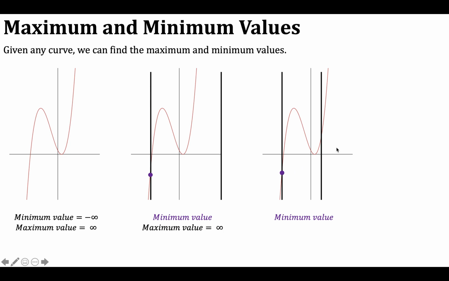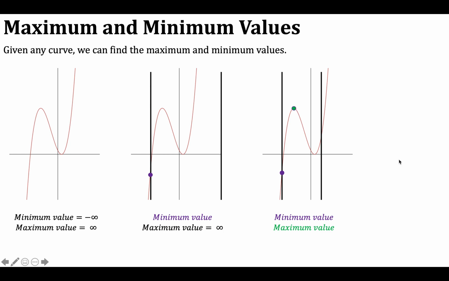Now, the maximum value previously was positive infinity because the graph went away off up here and it continued increasing up to positive infinity. But this time actually, if we look across here, the highest point between these two lines is here. So the maximum value is the y ordinate of the turning point here.